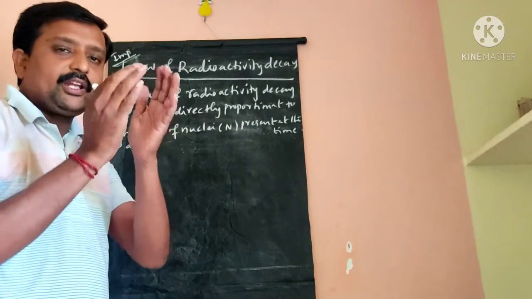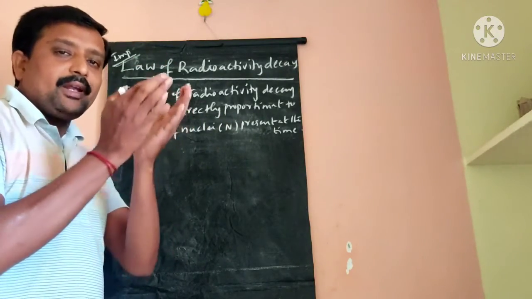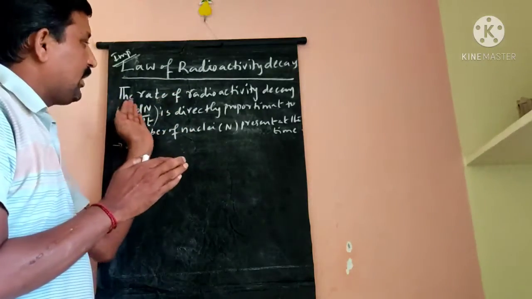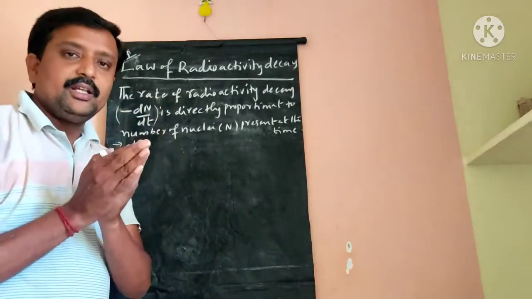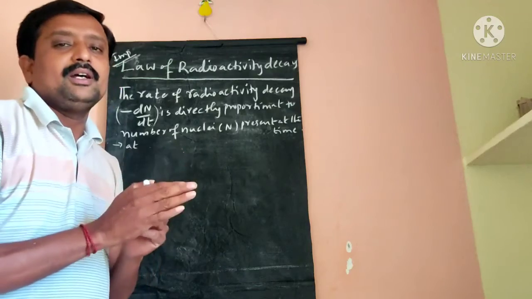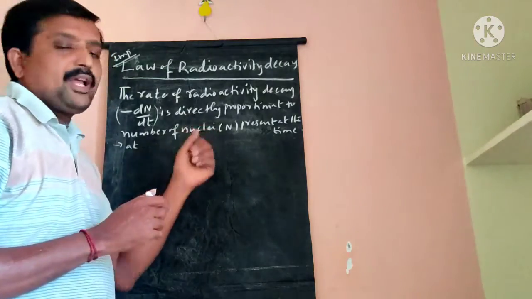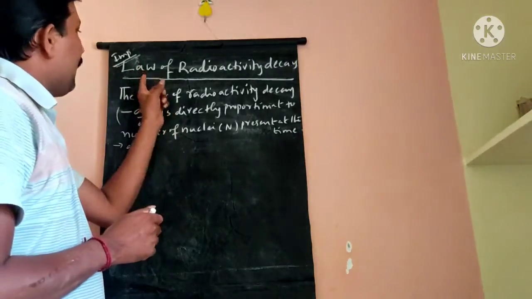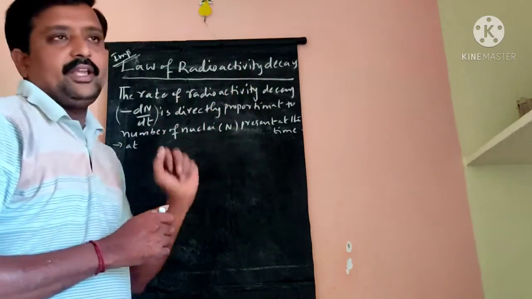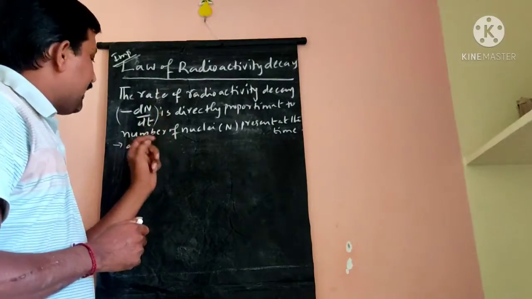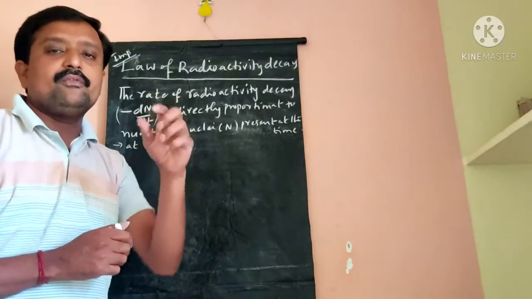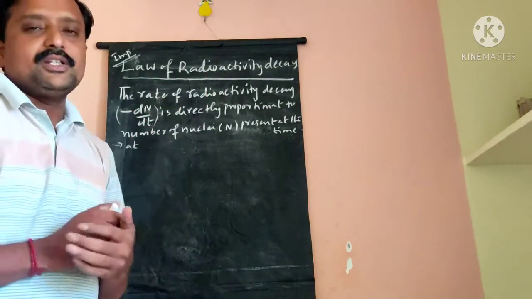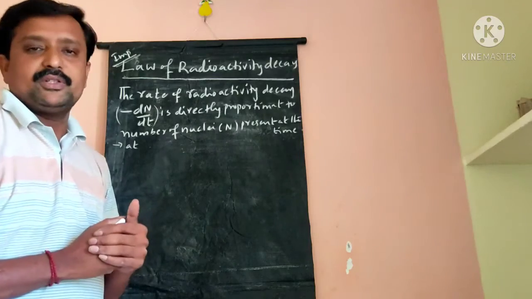Take one radioactivity sample. The rate of radioactivity decay is directly proportional to the number of nuclei present at that time, and this is called the law of radioactivity decay. Radioactivity decay does not depend on physical conditions like temperature and pressure.